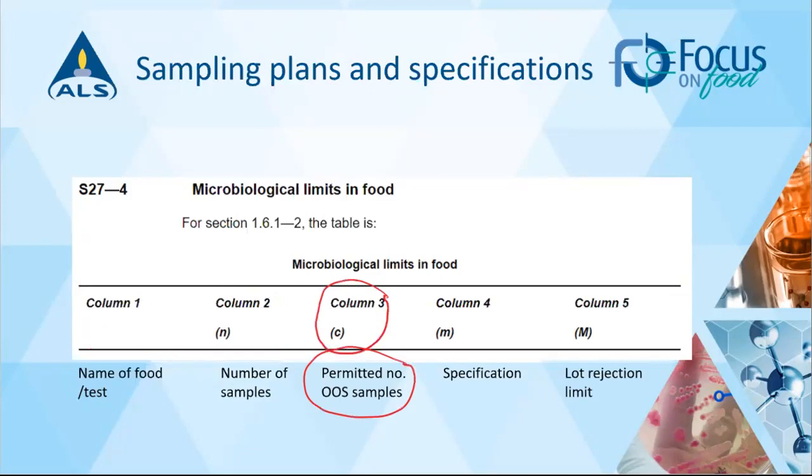Column 3, that's the small c value, and that's the number of samples that are permitted to be out of specification. Column 4, little m, is the general specification for the product. And column 5, which is big M, is the rejection limit. So anything that exceeds the value in column 5 would lead to the rejection of the sample and possibly the lot of food.